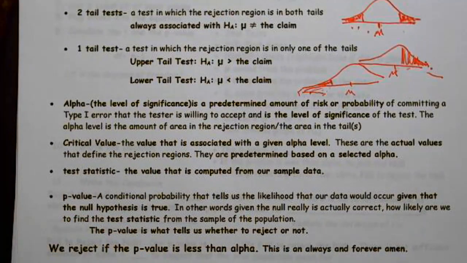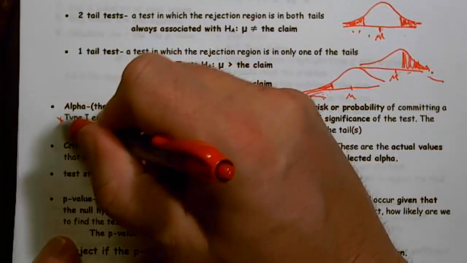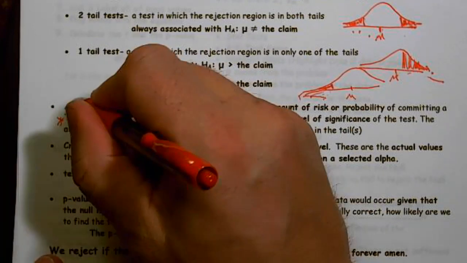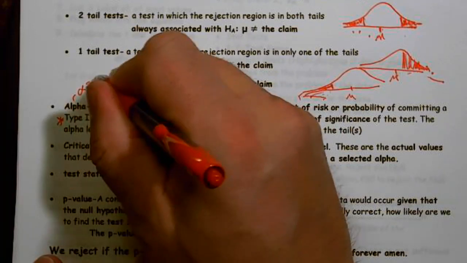Alpha is a predetermined amount of risk or probability of committing a type 1 error. We'll talk about that much later. And we just predetermine it. It's like, hey, what's the chance that I'm willing to reject the null by mistake? And in AP statistics, we usually choose an alpha of 0.05.